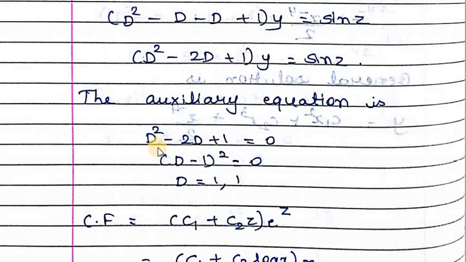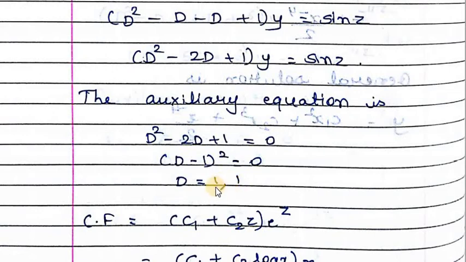Now applying the formula of a square minus 2ab plus b square on this function, a is D and b is 1. So we have D minus 1 the whole square equals 0. Now we have the factor D minus 1 two times. So equating D minus 1 to 0, we have D equals 1 and D equals 1.